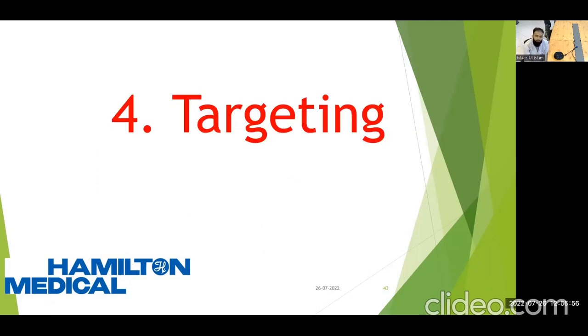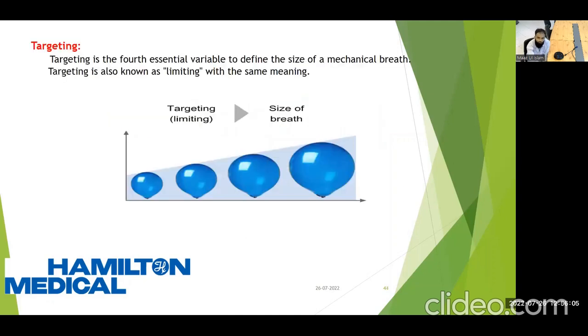Controlling is completed here, and now we are discussing what is targeting, the fourth essential variable of mechanical breath. Basically, targeting says that in volume controlling, how much volume we should target. In pressure controlling, how much pressure control or pressure support we should target.